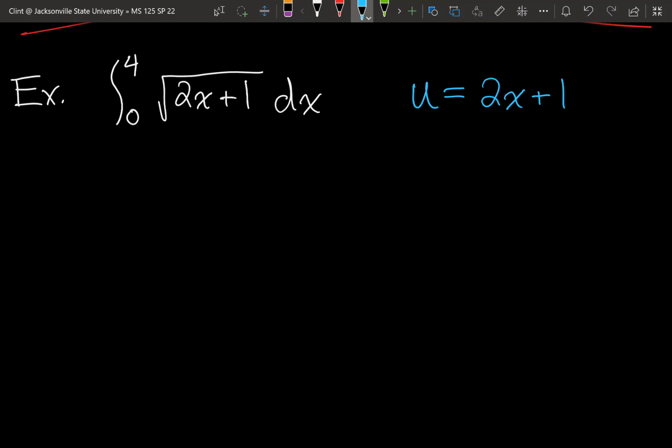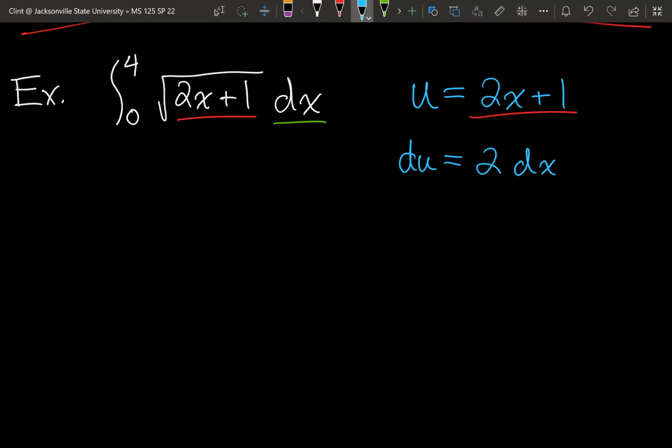So then du, take the derivative. The derivative of 2x is 2. The derivative of 1 is 0, and then we'll write down our dx. That part is u. The part that's left over is just dx, so we need to end up with something equals just dx.